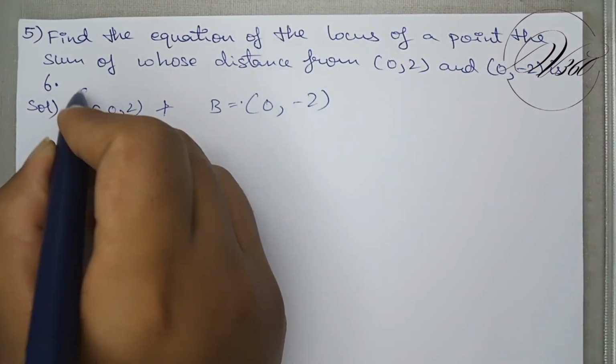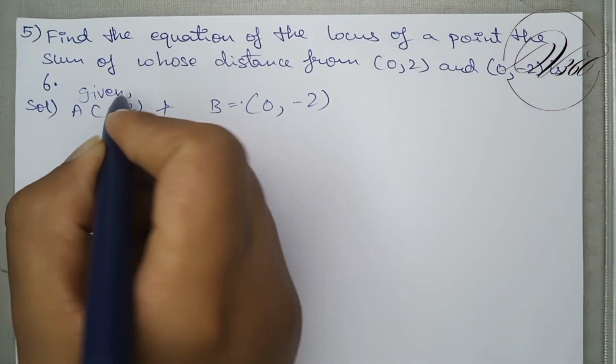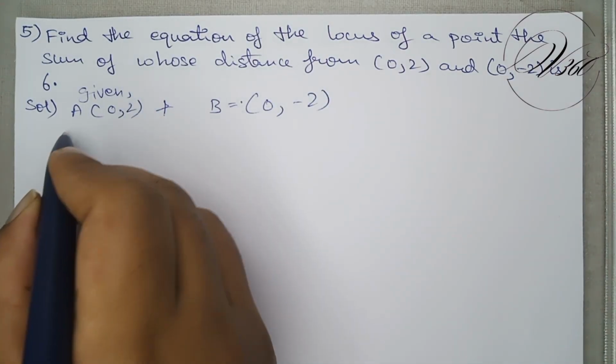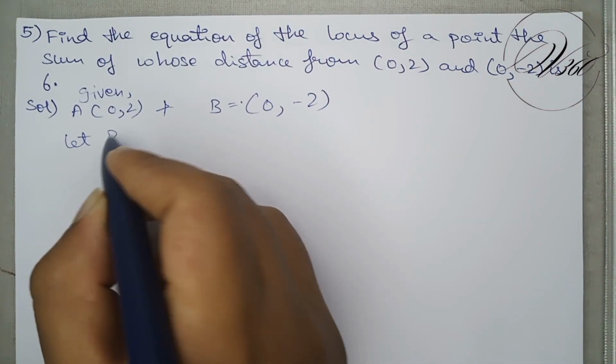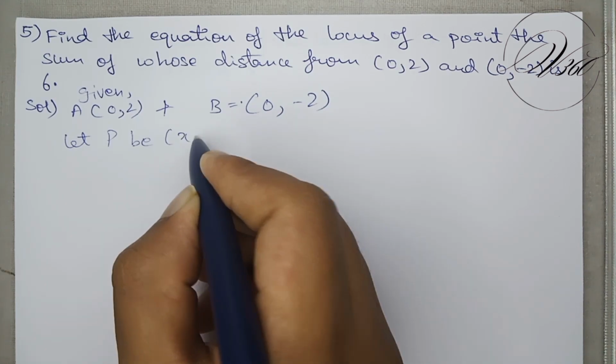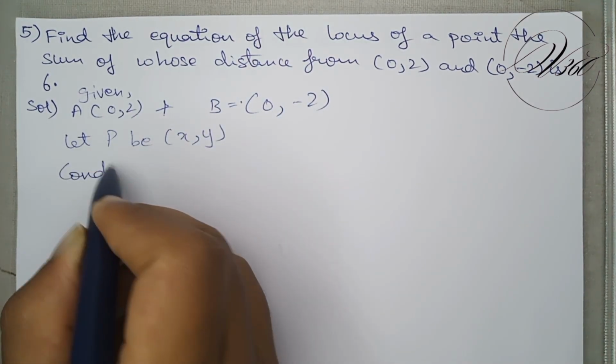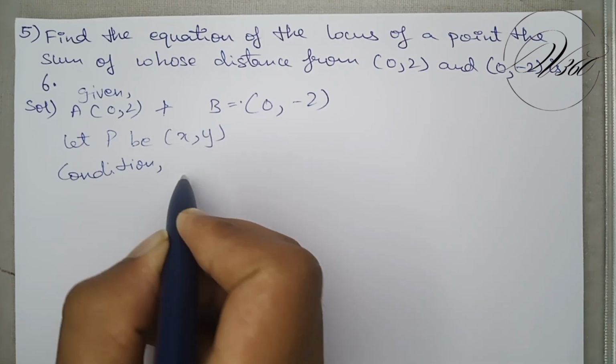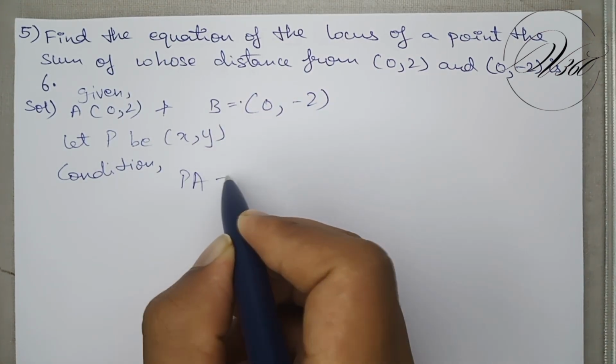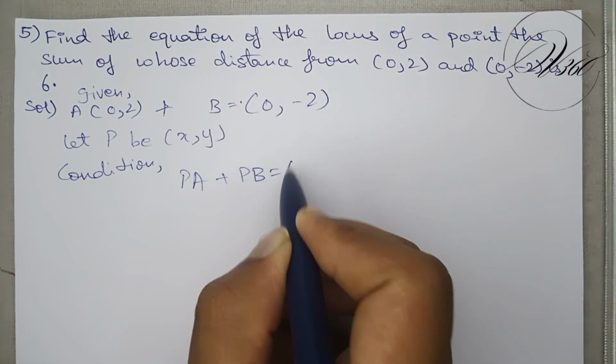This is given. Now let us take a point, let P be (x, y). Now we have got the condition. What is the condition? The condition is PA plus PB is equal to 6.